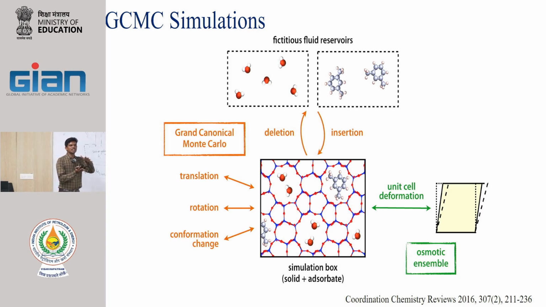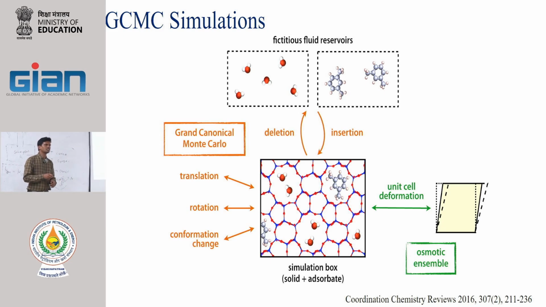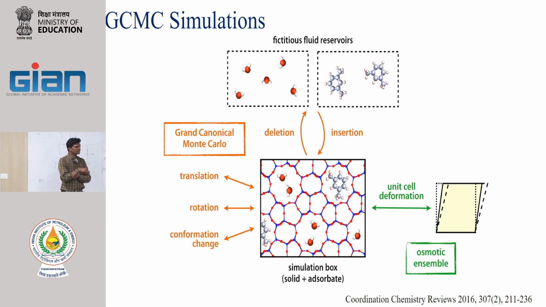It's not just the size but also the shape. So we take care of the system deformation using the osmotic ensemble, but that depends on the system. Usually whenever we perform grand canonical Monte Carlo, we only do these 4 moves. If required, we also have to take care of the cell deformation.